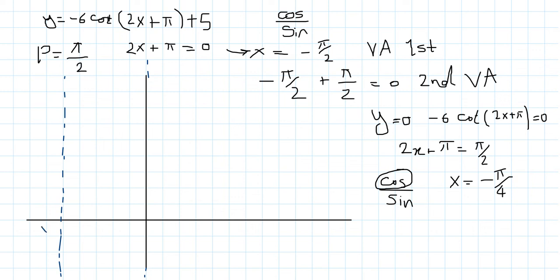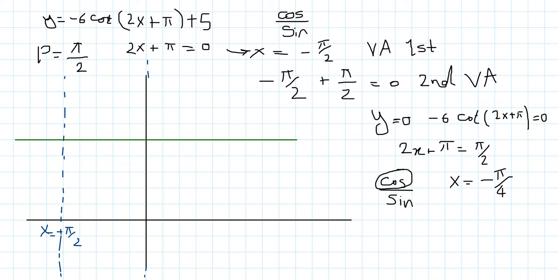Here I know the shape of minus cot is like tan, starting from up, and I have the shift on the axis. It should be here.